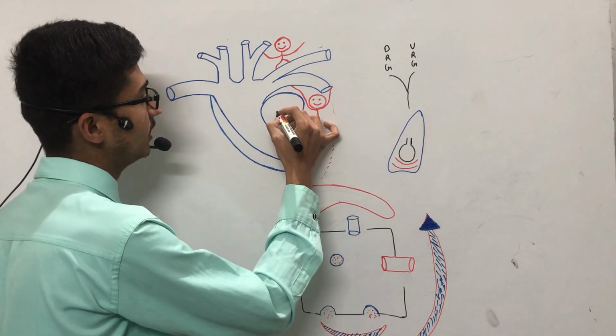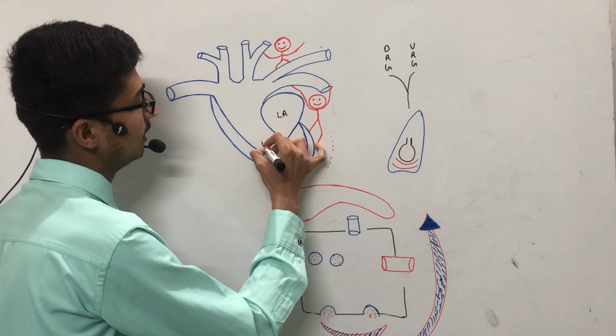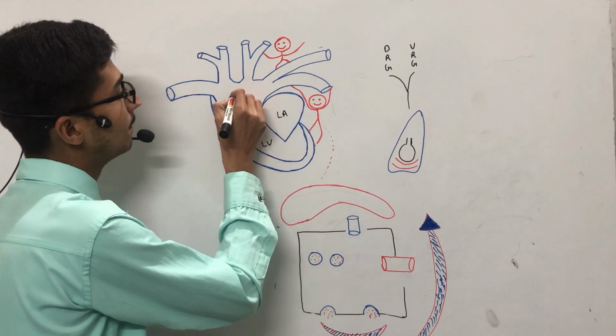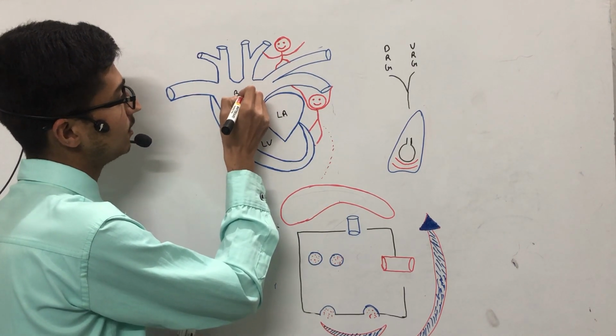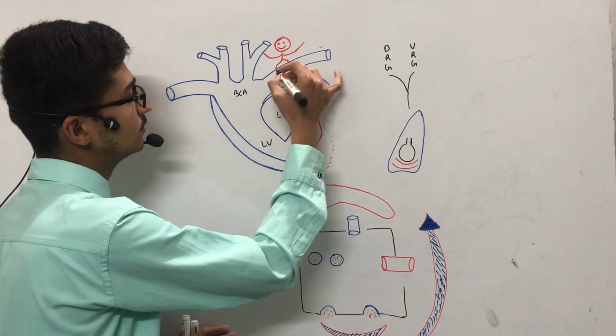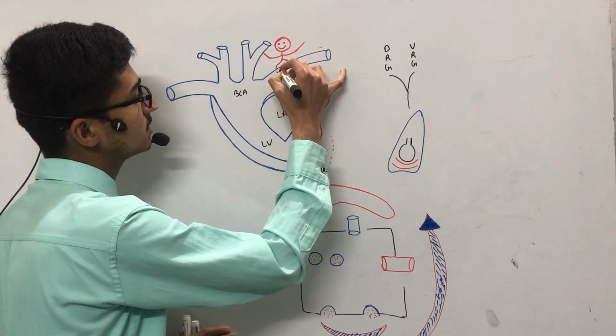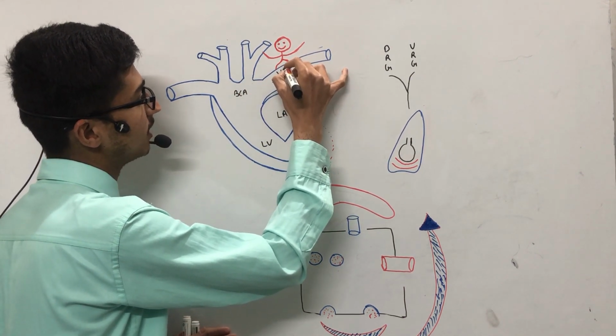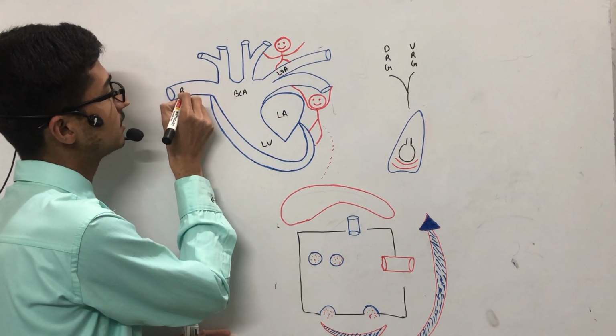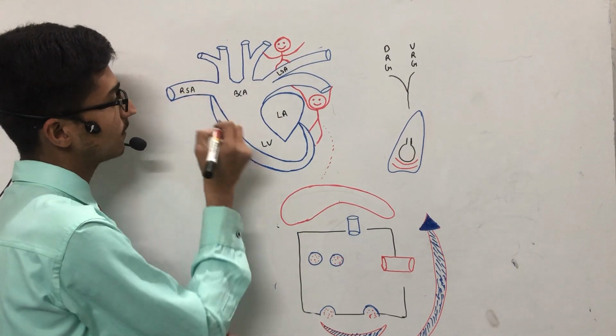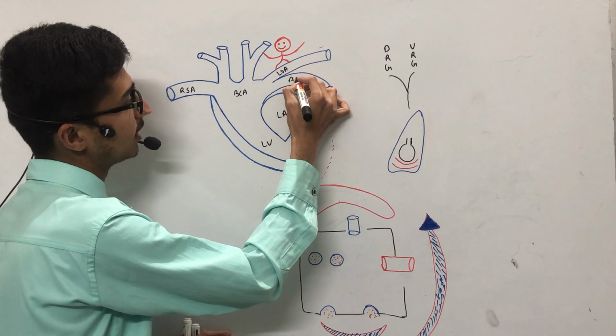Here we have the left atrium, left ventricle, brachiocephalic artery, which divides into left subclavian artery and right subclavian artery. This is our aorta.